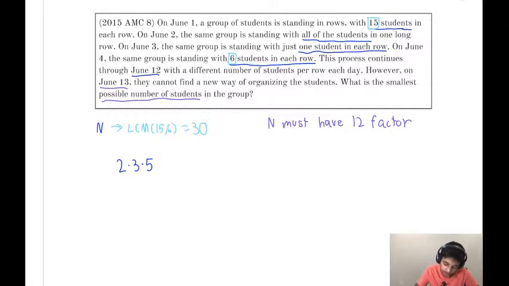So for example, we have 2 by N divided by 2, because 2 is a factor of N. Similarly, 3 is also a factor of N, so we can do N over 3. And maybe even 6, and N over 6. For every factor of N, we have a different arrangement.